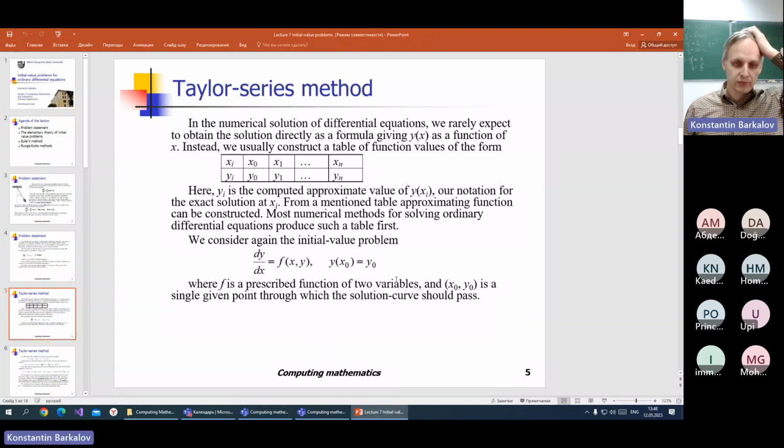These are extremely simple examples. But usually, we construct a table of function values. And this table of values we consider as an approximation to the values of the real unknown function.